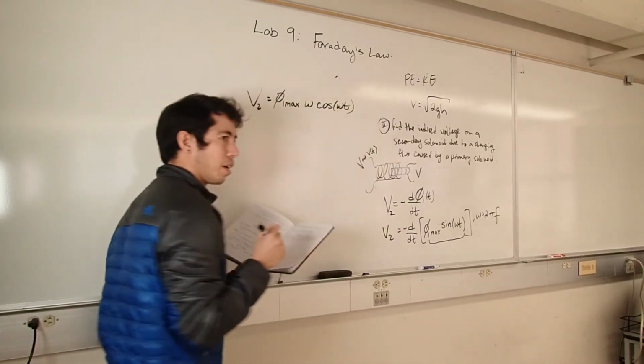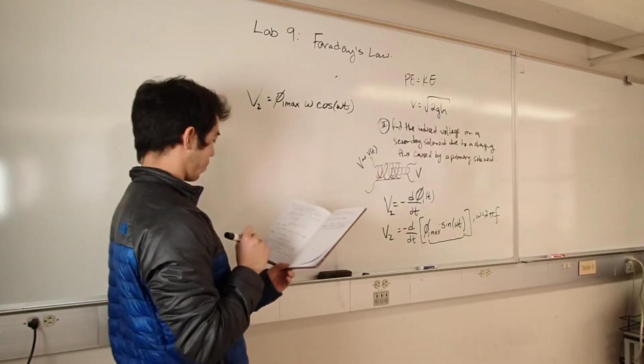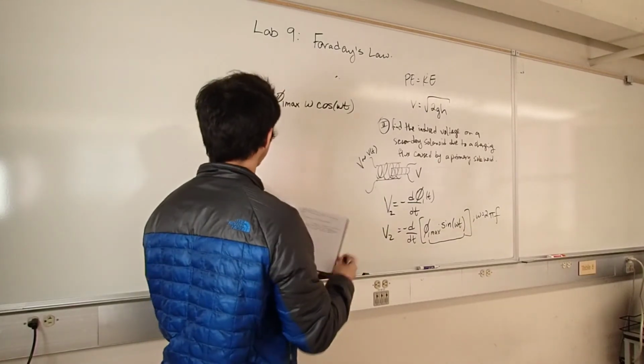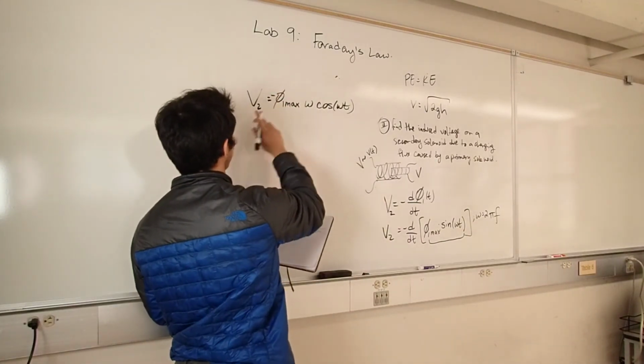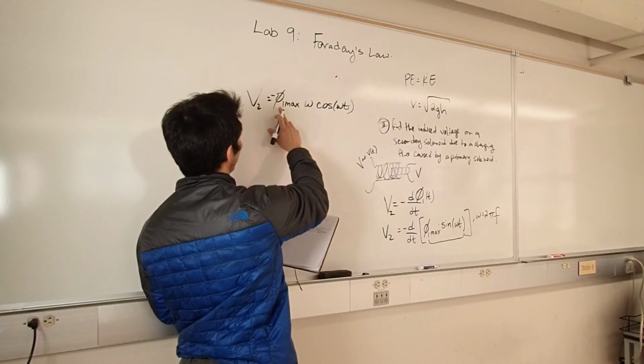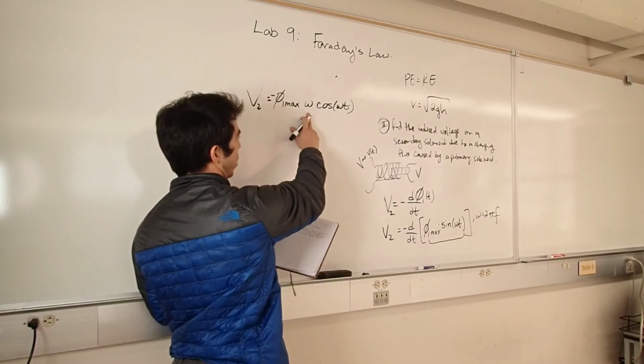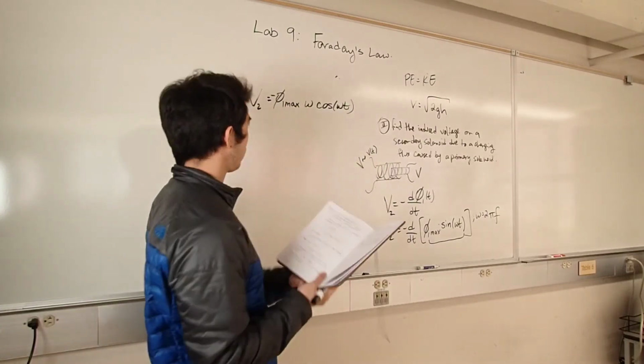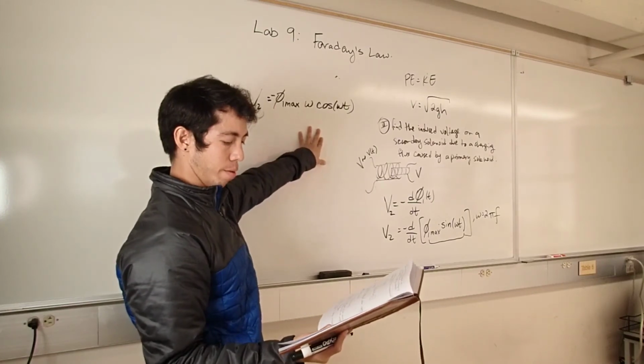Is there a negative sign there? Alright, so there was a negative sign. So V2 equals negative Φ1 max times ω times cos(ωt). That's what the function looks like after we've taken the time derivative.